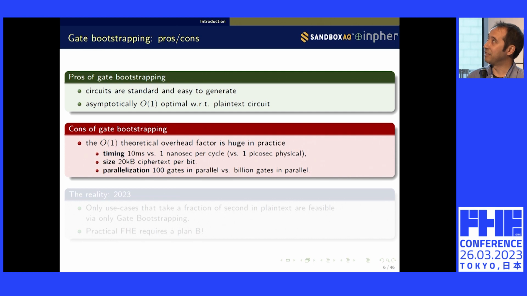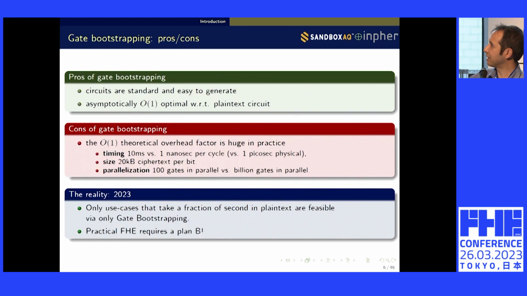So what does it mean? It means that if we still use this gate bootstrapping concept where you program into a binary circuit and evaluate all the gates, then even though the overhead is big O of 1 in theory, we have this million X slowdown, and on a computer you can expect to run at most 100 gates in parallel, because on one CPU, even if you use all the threads and a big computer with multi-core, that's how slow it will get.